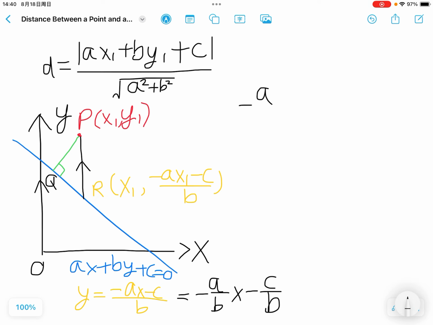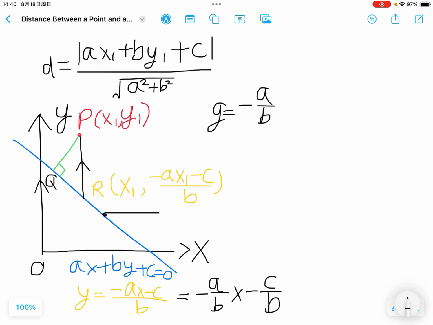Now since our slope or our gradient is equal to negative a over b, this means that when I start from a random point here, this is a really random point, if I move b units to the right, because it's rise over run, right? So a is rise, b is run.